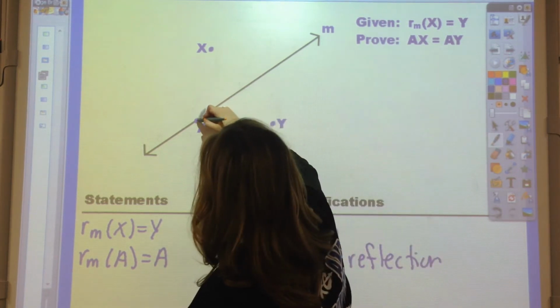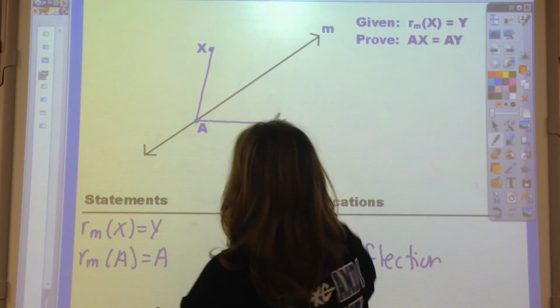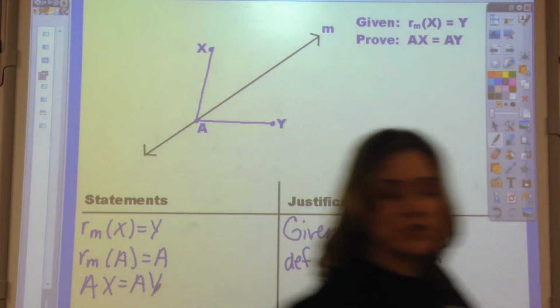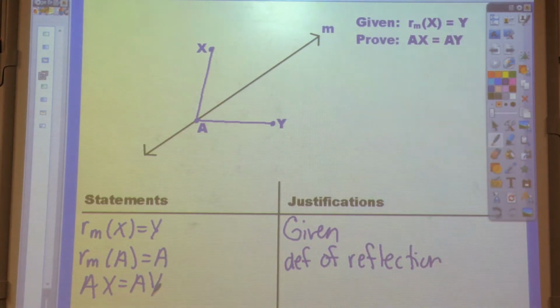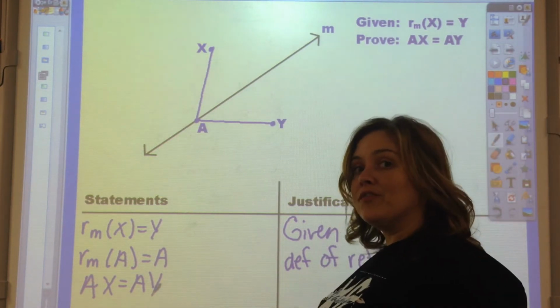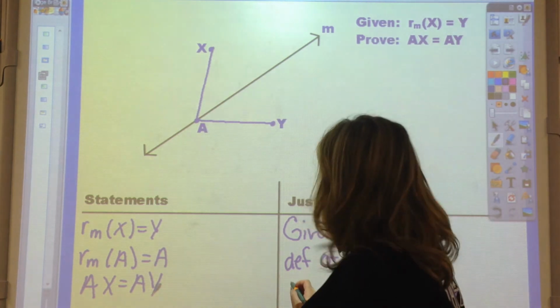And then why do I know that AX has to equal AY? Did you think about it for a second? What theorem did we just learn that we know gives us that solution? Or not a theorem, I'm sorry, definition. I would say AX equals AY because reflections preserve what?